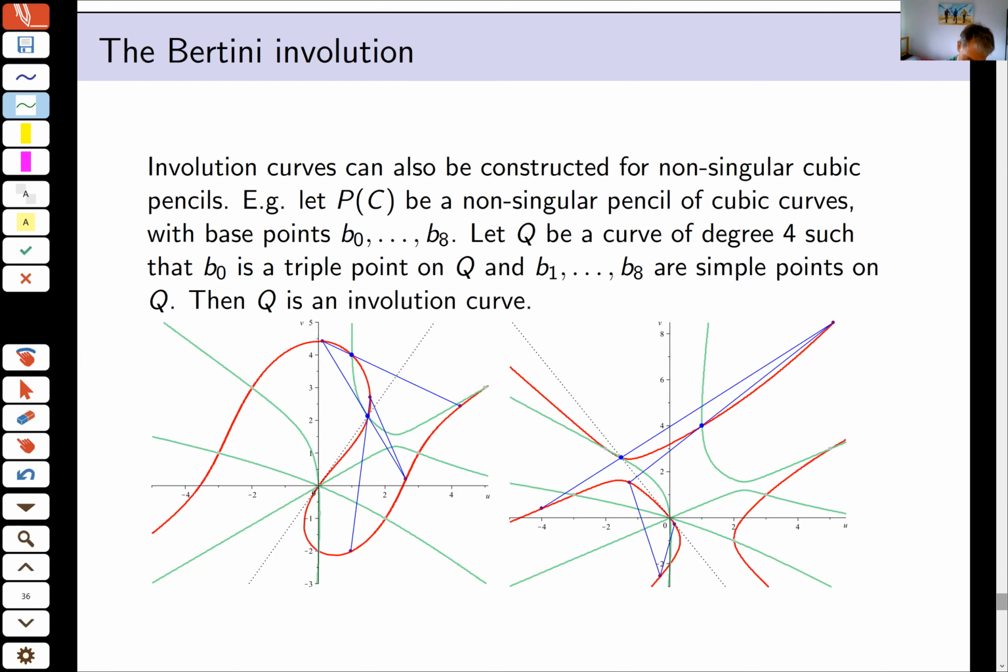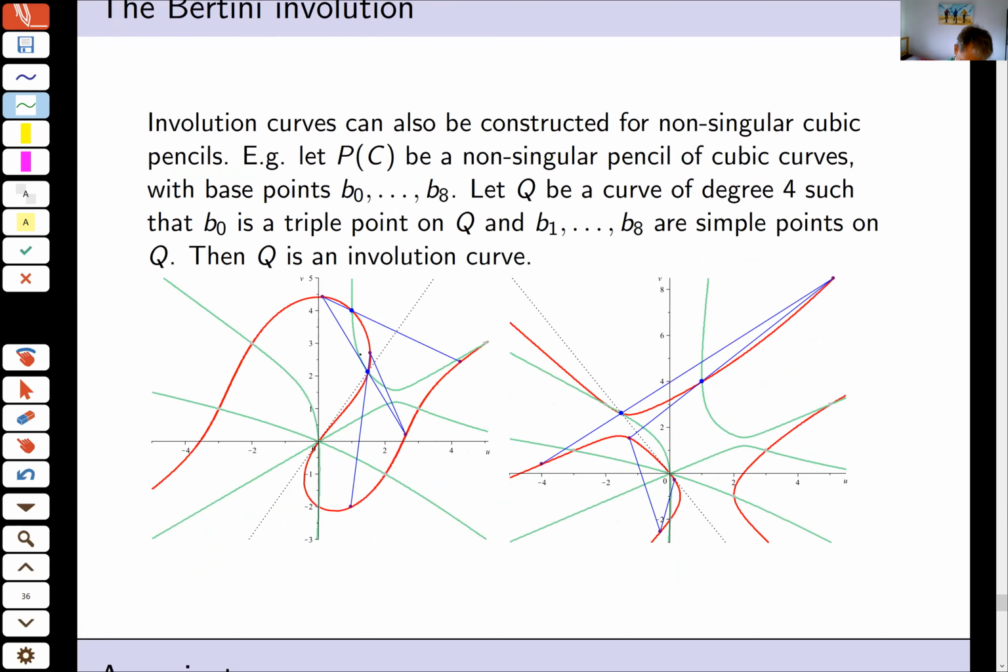So the fact that this tangent goes through the intersection of the green curve and the red curve at the unique non-base point intersection, that's a very special geometric coincidence theorem.